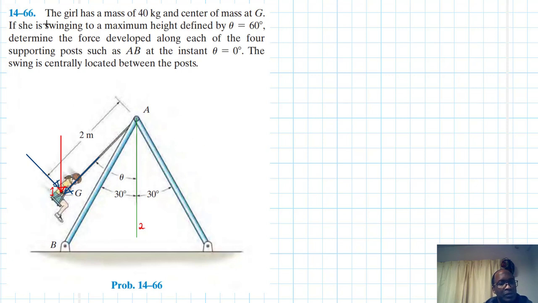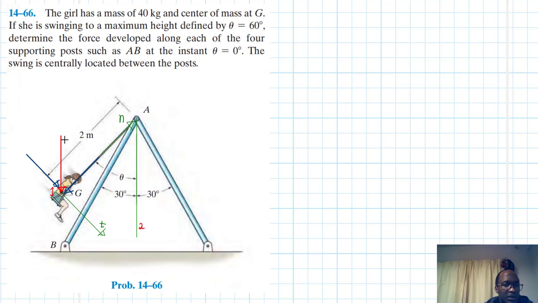Right? And then we have coordinates. This one we are calling the n coordinate, and this one we are calling the t coordinate, or the tangential coordinate.